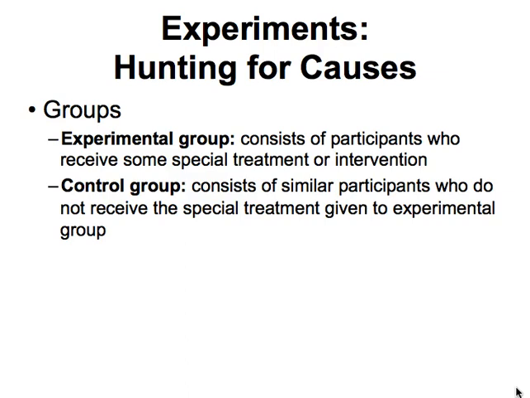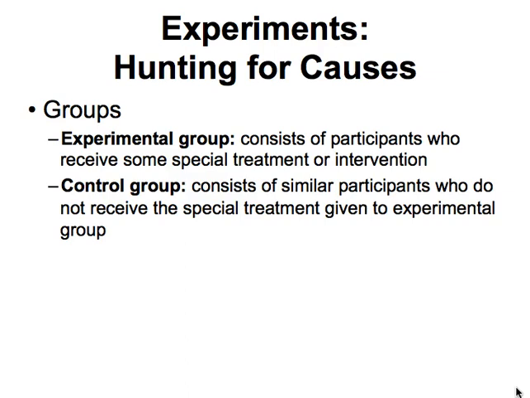Participants are randomly assigned to experimental and control groups. With random assignment, all participants have an equal chance of being assigned to either group. Random assignment is different from random sample or random selection. Random sample is the method that gives every member of the population of interest an equal chance of being chosen to participate.